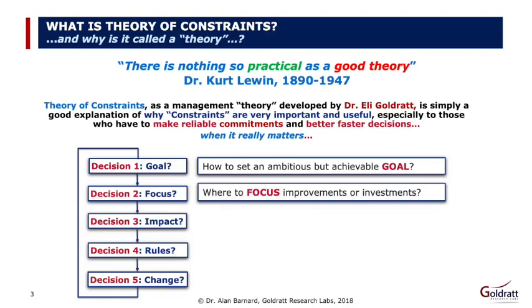The second decision that knowledge of a constraint helps us with is where to focus improvements or investments. So in the case where the constraint is the number of consumers wanting to buy your product, clearly that is where managers at all levels should be focused: making sure that we maximize our ability to get existing customers, first of all, to on average pay more or buy more.